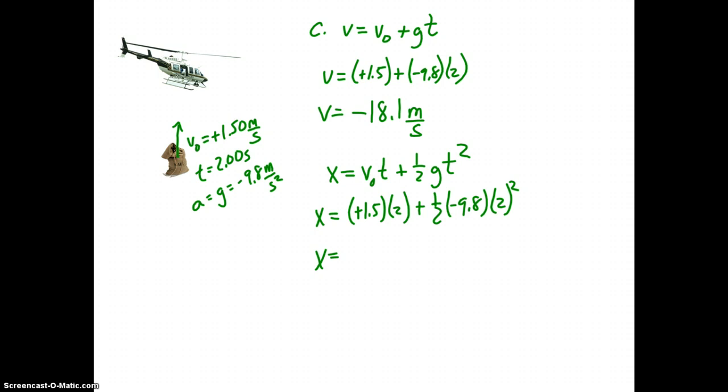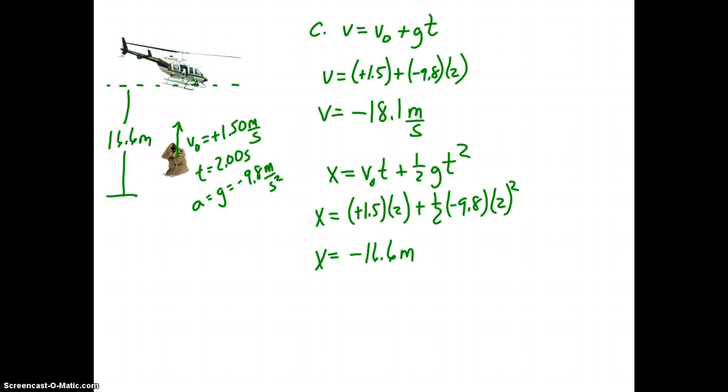So x equals, go ahead and do the math on that, negative 16.6 meters. And again, what we have to remember is that's how far the bag has fallen from its release point. So if we call the helicopter up here in our diagram the release point, the bag from that moment is 16.6 meters below where it was released from.